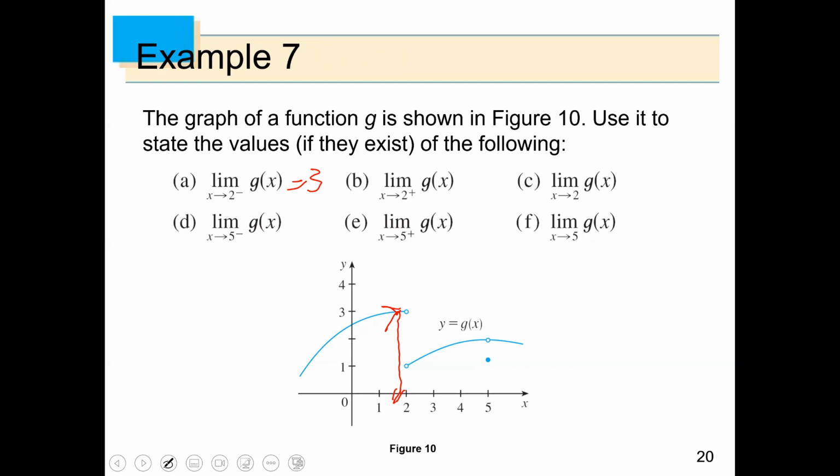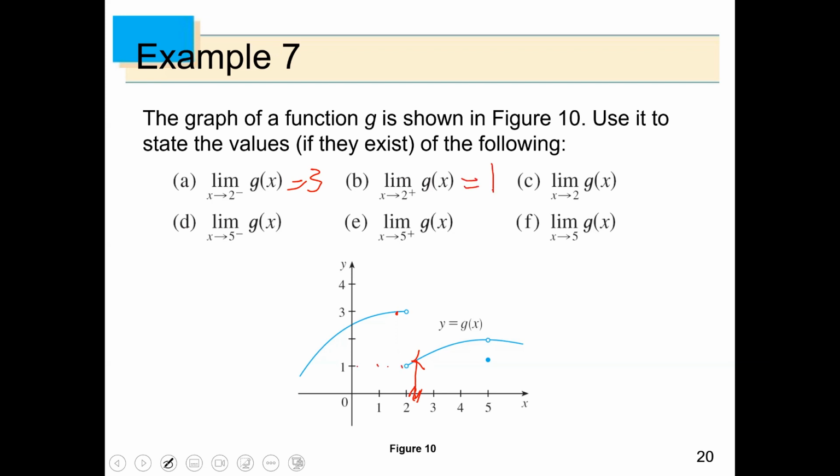Number B, for 2 plus. Let's erase this. Then I will take the 2 plus here. So I am close to 2, but somewhere here. Make the projection on the graph and see where I am going when I approach 2: the value is 1. So it is equal to 1.